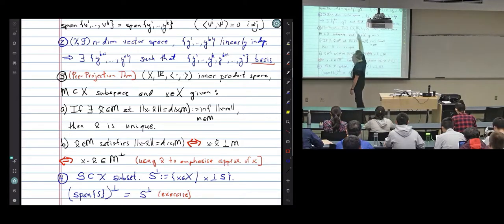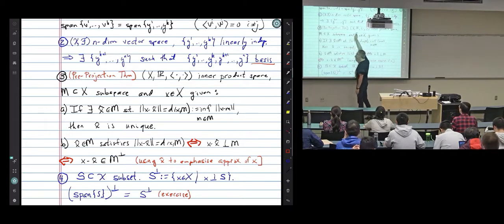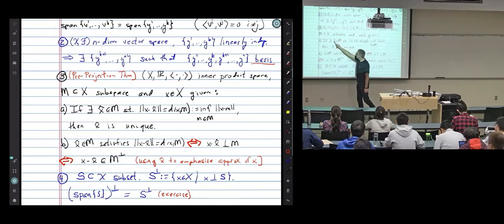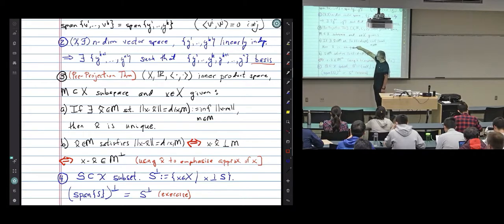So the pre-projection theorem says given an inner product space, and we don't care about its dimension, given a subspace, and given a point x, if there exists an x hat that is a best approximation, it's unique. So there's either one or none.